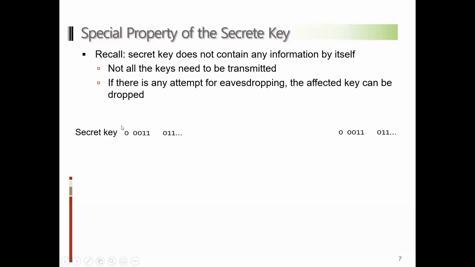That's why we don't use the photon for communication of the information. But photons are a good candidate for the transmission, or I should say the distribution, of the secret key. So that's why it is called quantum key distribution.